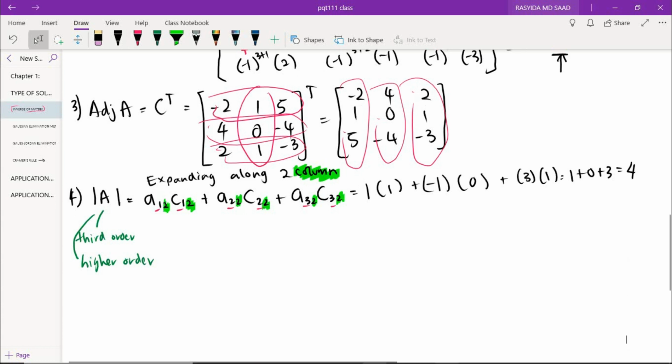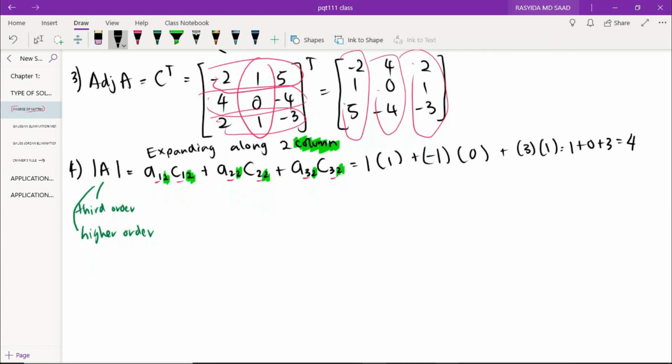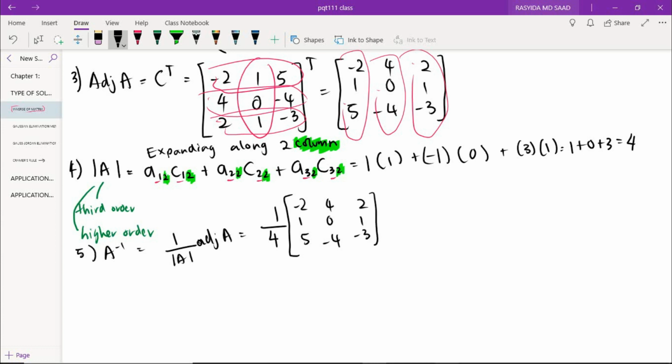Next, we already got the determinant, so we just need to find the inverse of A. The inverse of A is equal to 1 over the determinant multiplied by the adjoint of A. In our case, 1 over 4 times the adjoint of A: negative 2, 1, 5, 4, 0, negative 4, 2, 1, negative 3.